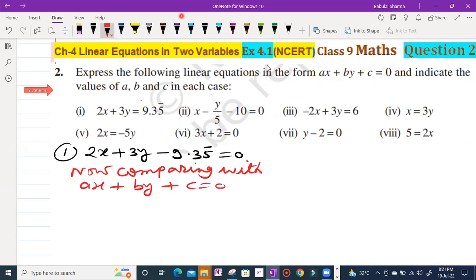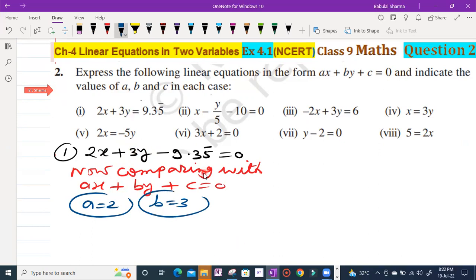देखिएगा, तो जब कंपेयर करेंगे, देखिए x की जगह x है, तो in place of a it will be 2. So we can write here in place of a we can write 2. See here, in place of y it is y, so in place of b that is plus 3, so b is equal to 3.